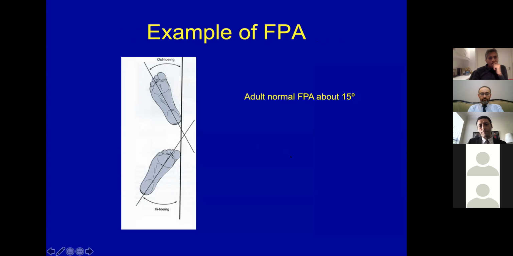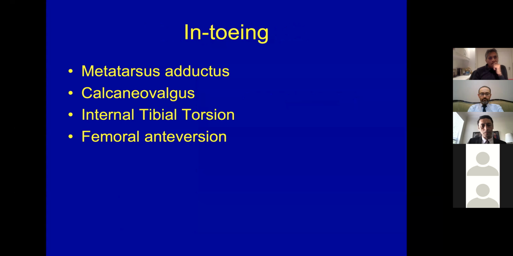Normally the foot progression angle is around 15 degrees, with the feet turning out 15 degrees externally. Now you have the kid in your mind, and your assessment is that the kid most likely has an in-toeing gait. It could be from the feet: metatarsus adductus, calcaneovalgus foot, internal tibial torsion, or increased femoral anteversion.